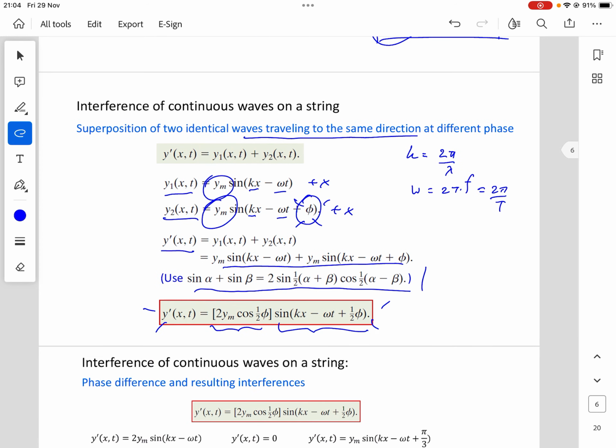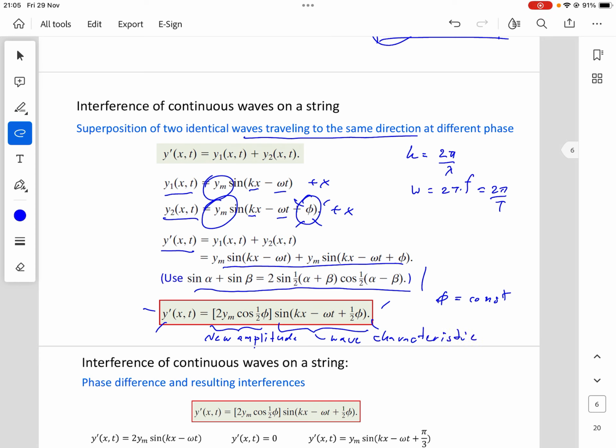You know that phi is constant, right? When phi is constant, it means that 2ym cosine of half phi is also constant. This is a new amplitude. And the other term is the characteristic of a wave.